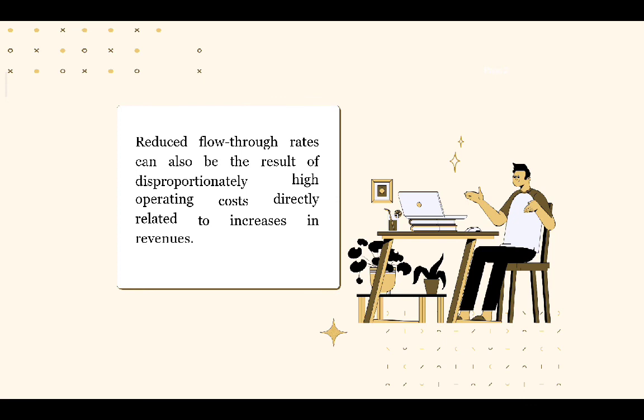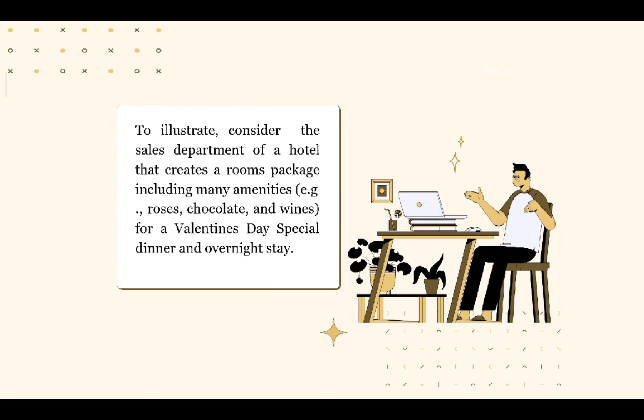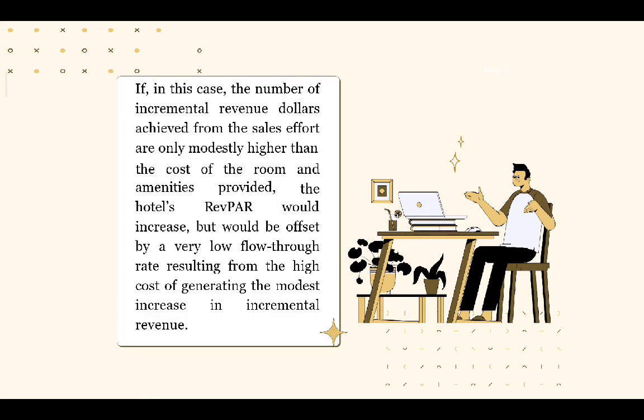To illustrate, consider the sales department of a hotel that creates a room package including many amenities, roses, chocolates, and wines for a Valentine's Day special dinner and overnight stay. If the incremental revenue dollars achieved from the sales effort are only modestly higher than the cost of the room and amenities provided, the hotel's RevPAR would increase but would be offset by a very low flow-through rate resulting from the high cost of generating a modest increase in incremental revenue.